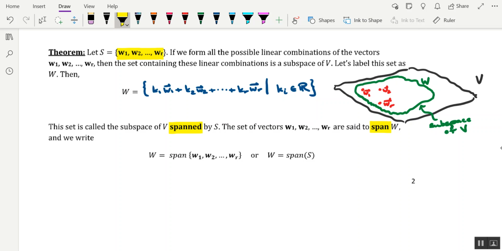They generate all of the vectors within W. And there's some notation that gets paired along with this. We could say that this subspace W is equal to span, and write the set of vectors in set notation along with that, or simply W equals span parentheses S, kind of like function notation or determinant notation there.